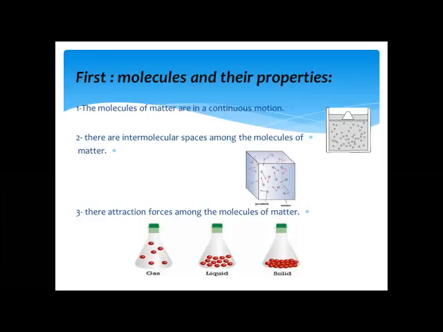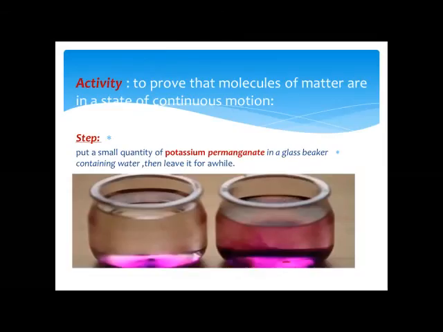Number one, molecules of matter are in continuous motion. Number two, there are intermolecular spaces among the molecules of matter. Number three, there are attraction forces among the molecules of matter. Let's study every point separately.